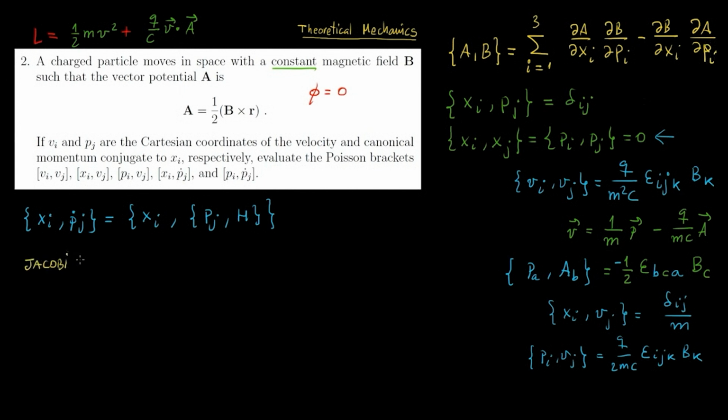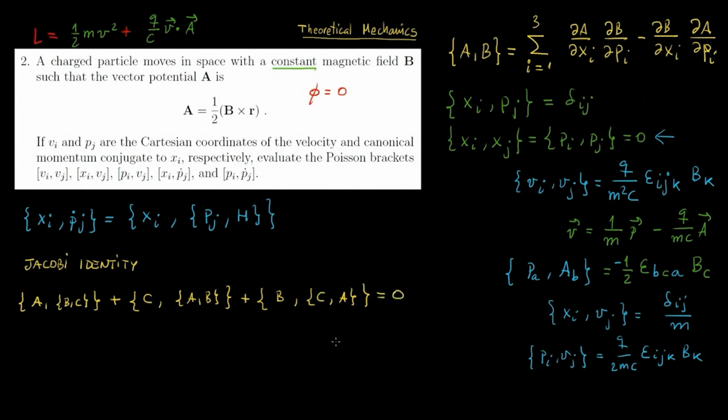Jacobi identity, which says {A,{B,C}} plus {B,{C,A}} plus {C,{A,B}} equals 0. So in this case we have {x_i,{p_j,H}} plus {p_j,{H,x_i}} plus {H,{x_i,p_j}}.